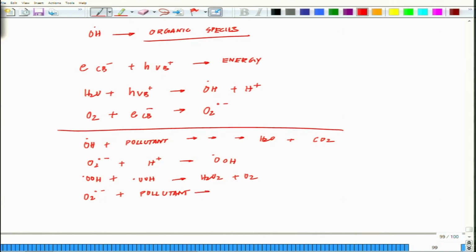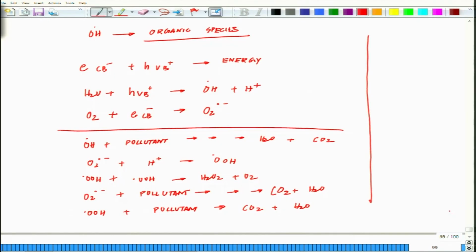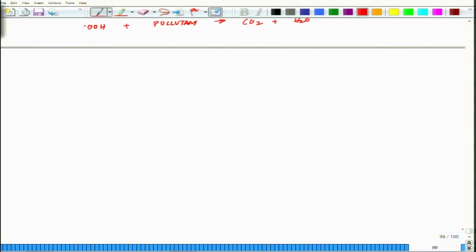This is where you are destroying extremely harmful organic waste, pollutant plus H+ generating CO2 plus H2O. Now, if you look at it, there are a series of reactions happening here, and these are just a handful of them.